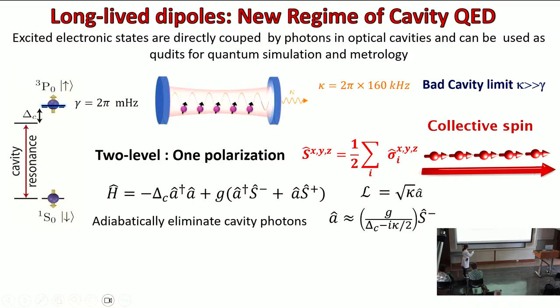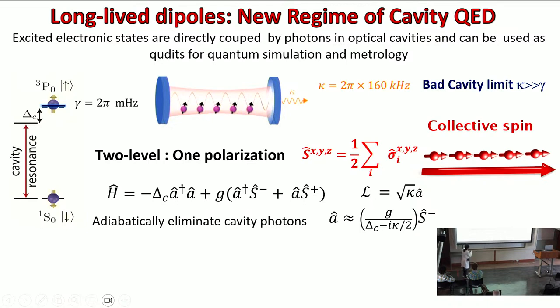So the advantage is that in this bad cavity limit, or if we detune the cavity significantly compared to g square root of N, the photons can be absorbed by the atoms in the cavity, or escape, very rapidly.